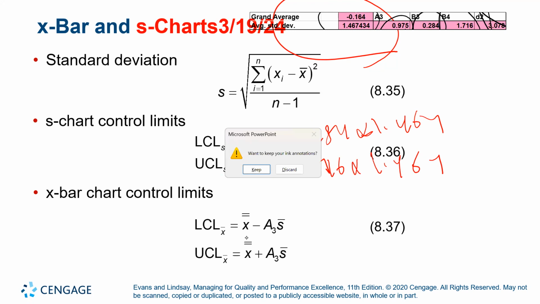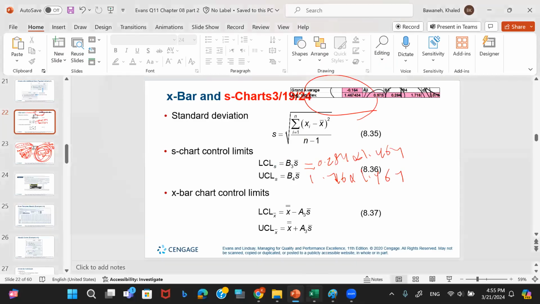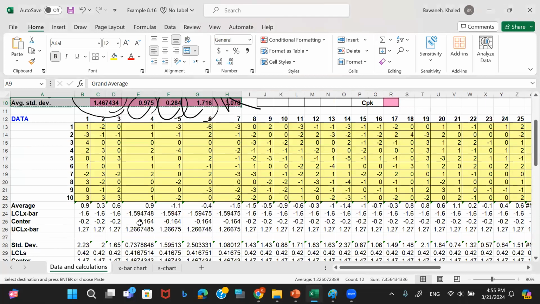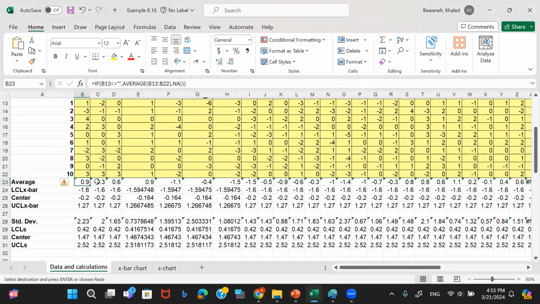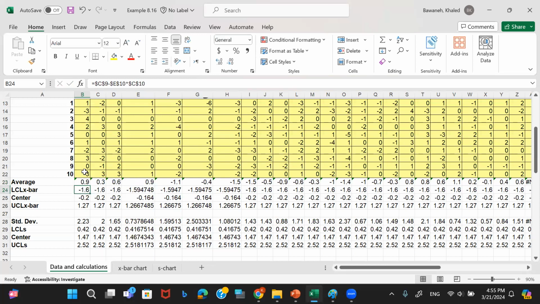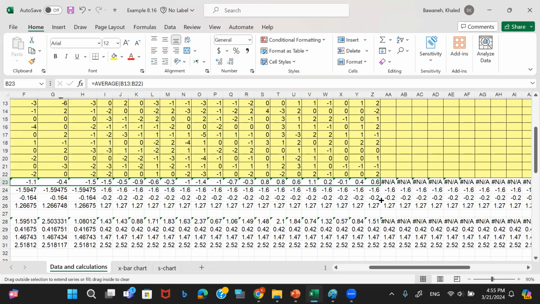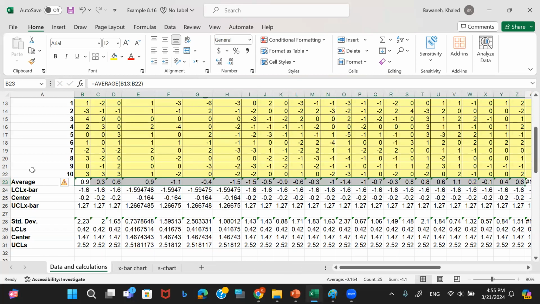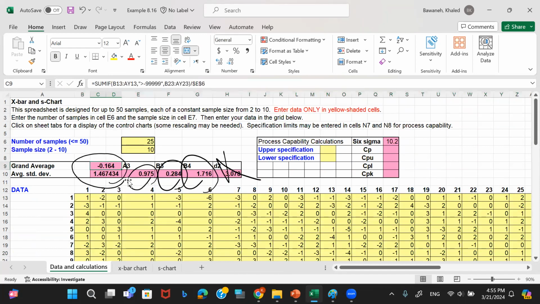For the X bar chart control limits, we need to calculate X double bar. As we said last time, I just need the average. The average is equal to the average of these numbers, which is here. The average is negative anyway, just take it as it is.